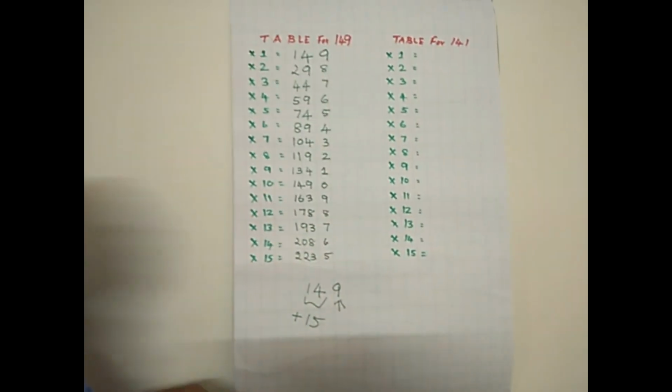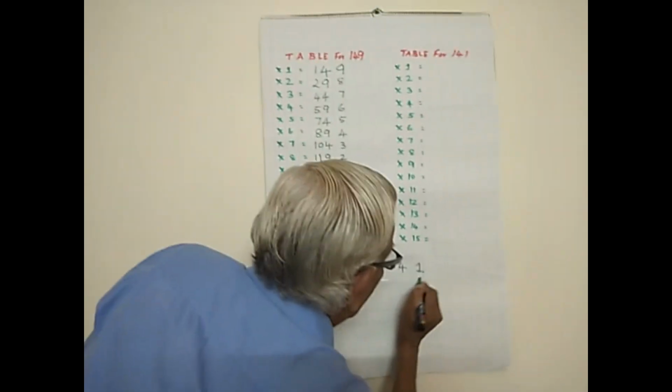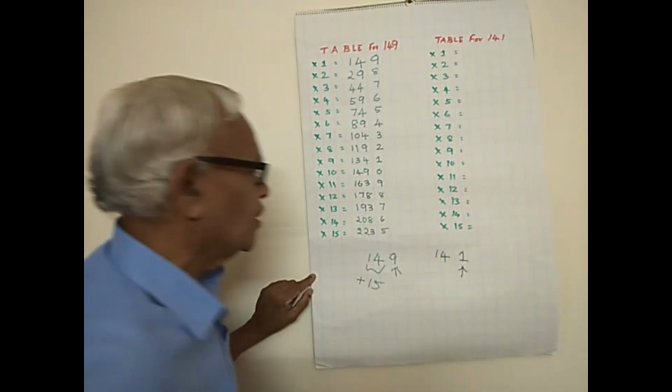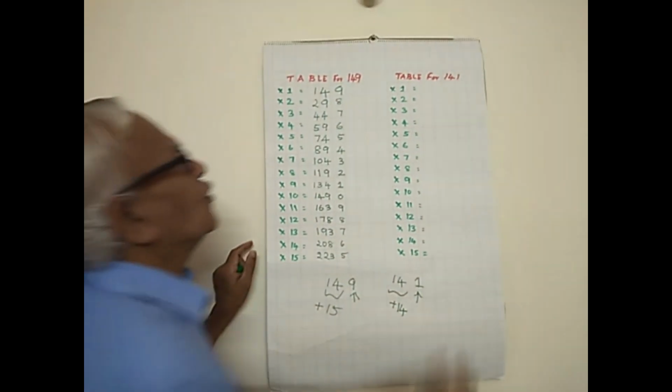Now what about 141? Since the number is ending with 1, you have to add 14 to the tens part.